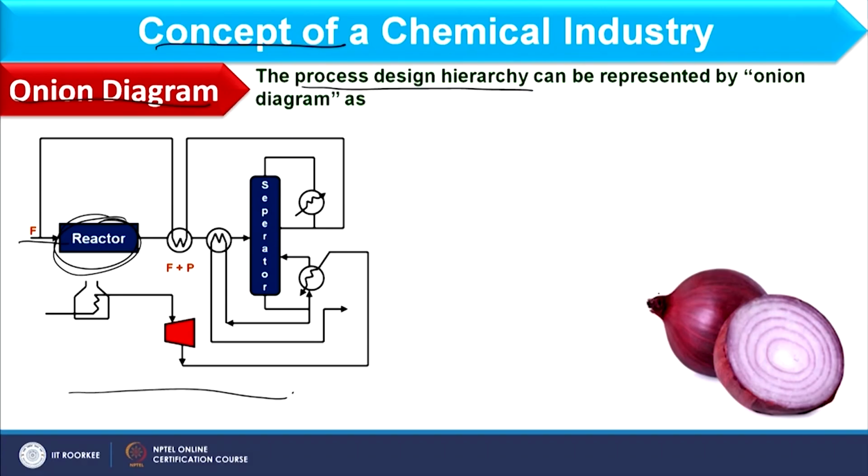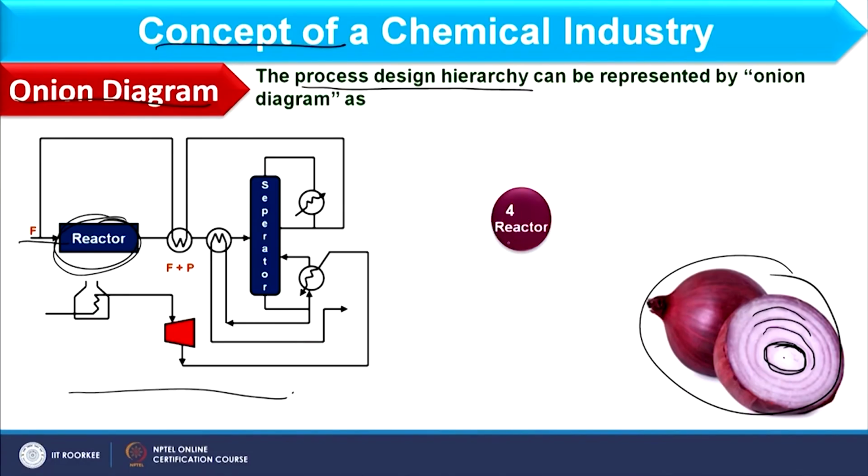Now if you focus on this onion which I have shown here, the center of that onion is basically its core. Until this core is present, other layers cannot be formed. So let's translate that concept into the chemical industry.